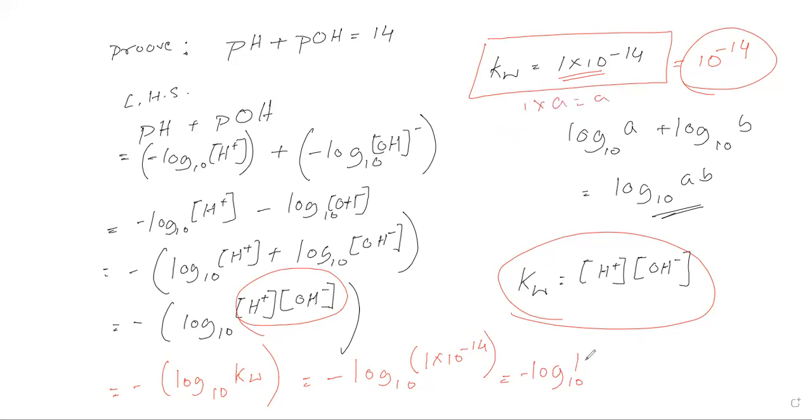Now, if we write 10 to the power negative 14 inside the log, there is this speciality. Let me show it on the other page. Let's say I have log base 10 of 10 cubed. We can simply bring the power value in front, writing 3 log base 10 of 10.